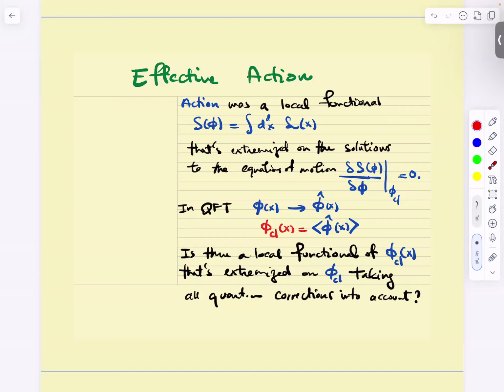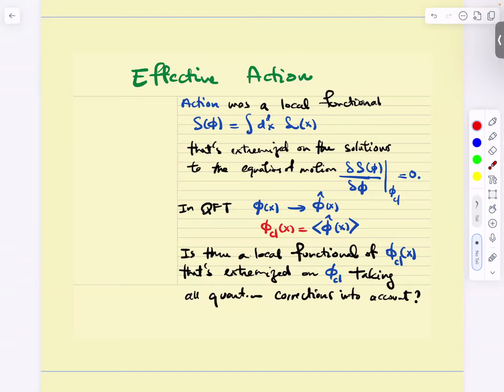Right? Now, what would such a thing be? Such a thing would be basically that somebody, in essence, does the path integral for you, right? And at one loop or something, gives things to you, right? But the difference is the following.